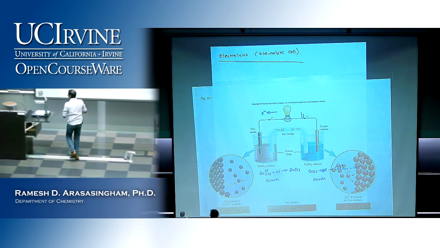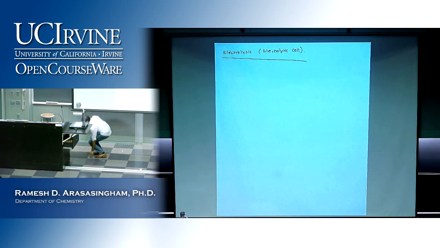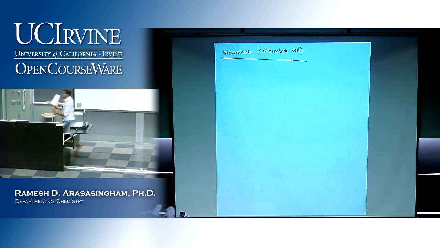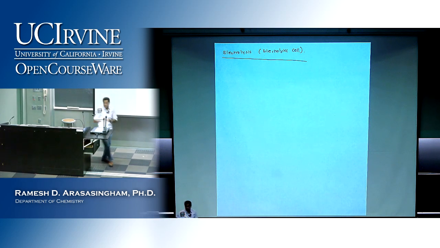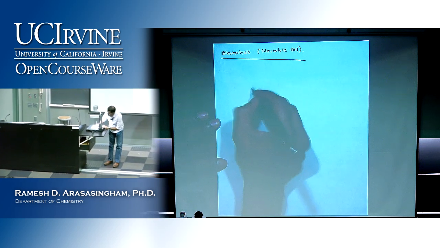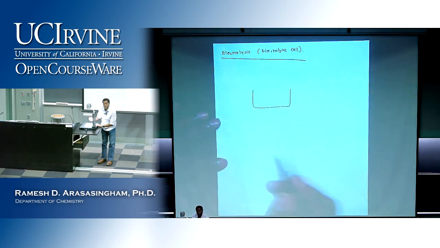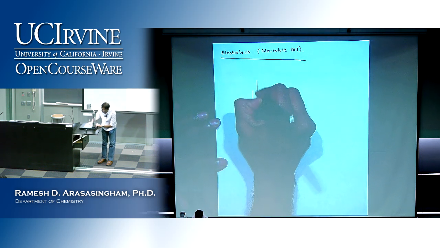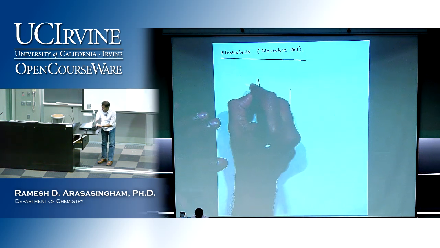So if you want to design an electrolytic cell, not a rechargeable galvanic cell, for example, this is what an electrolytic cell looks like. All right, they're both in one chamber. Now, by convention, we're going to try to keep the anode on the left-hand side. So this would be the anode.